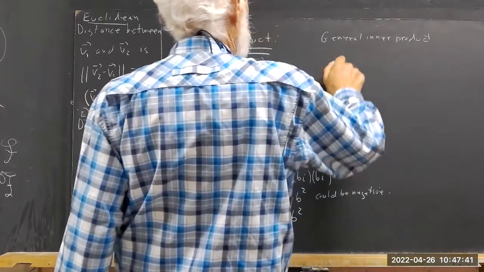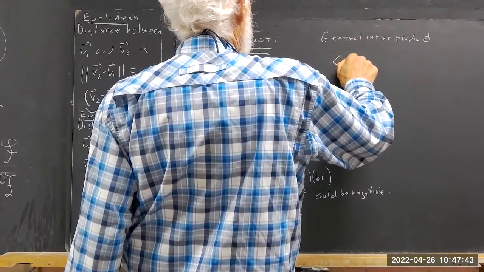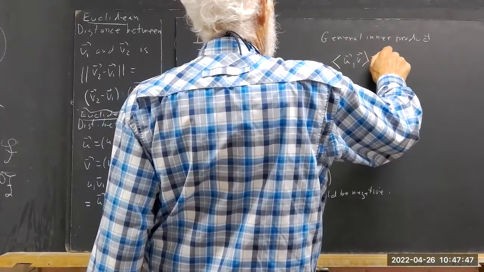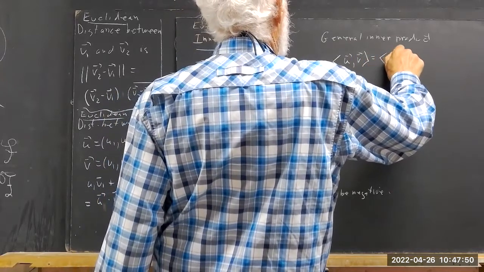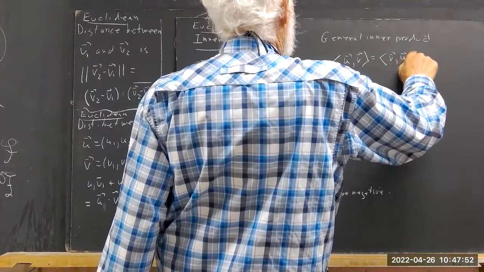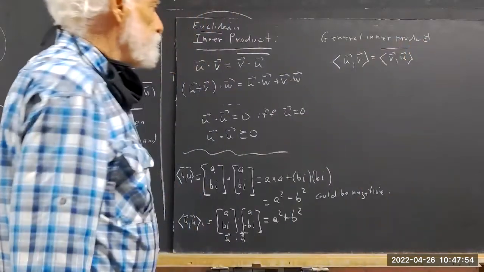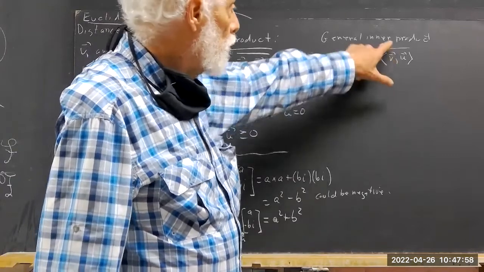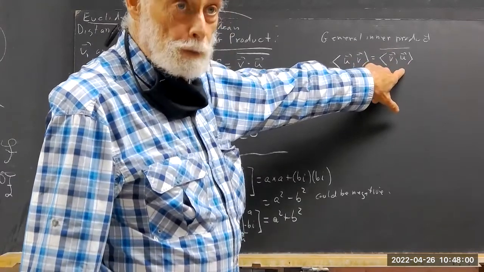For the general inner product, you would use, for example, that the inner product UV has to be the conjugate of the inner product VU.